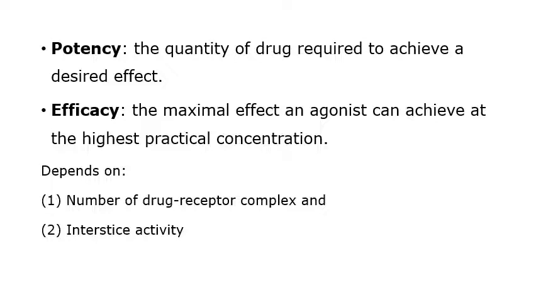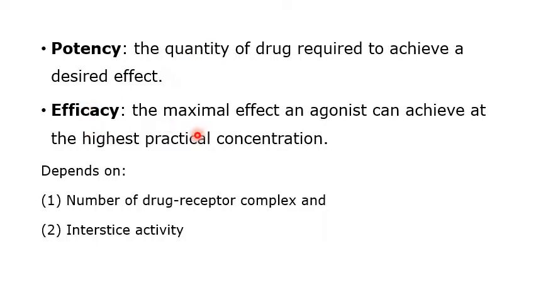So potency is the quantity of a drug required to achieve the desired effect. And in the previous example, drug A was more potent than drug B because the quantity required for drug A to achieve an effect was lower than the quantity required from drug B to produce the desired effect.